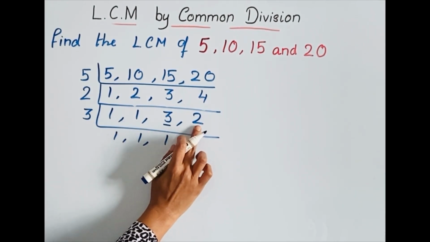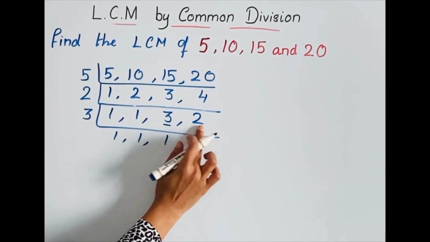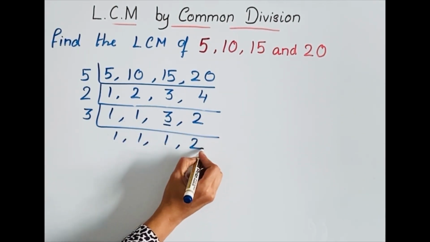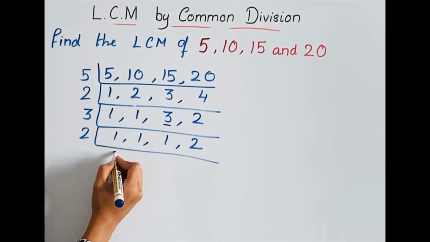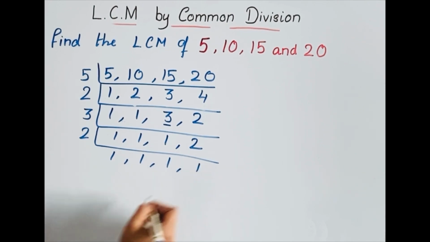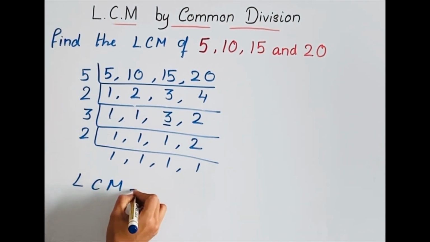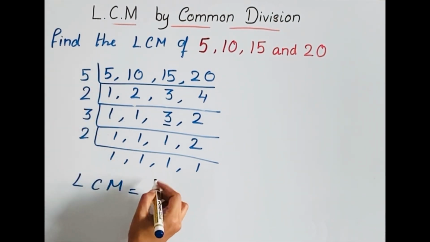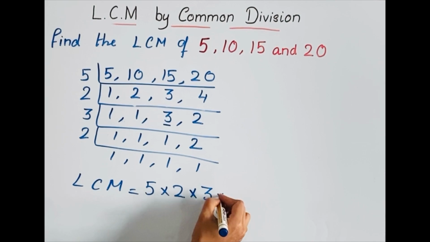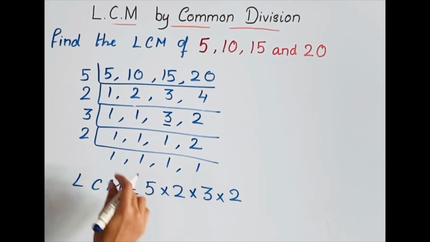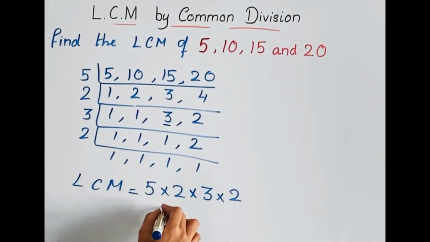And this 2, 3 is not a factor of 2, so keep the number as it is. Next, the 2, divide it by the same number. Once it becomes 1, you can stop and find the LCM by multiplying all these divisors. So 5 twos are 10, 10 threes are 30, 30 twos are 60. LCM of these numbers is 60.